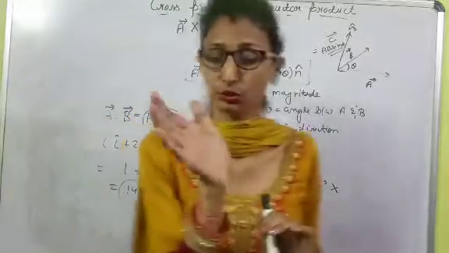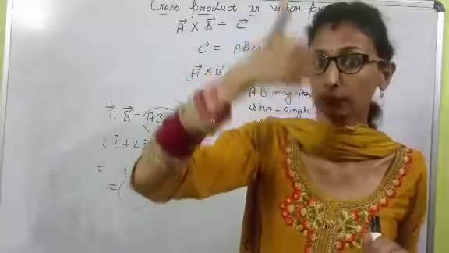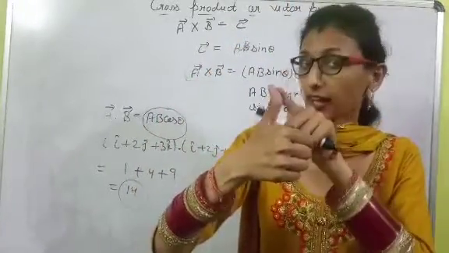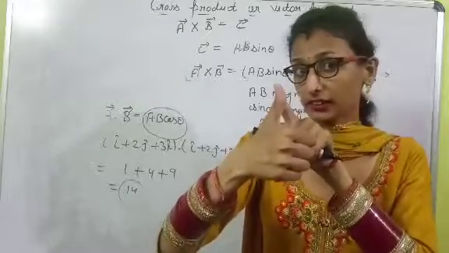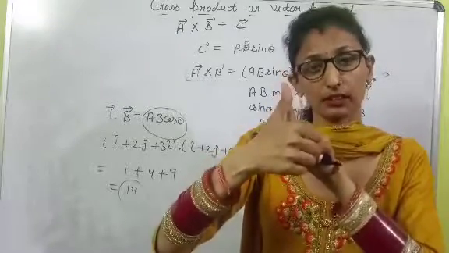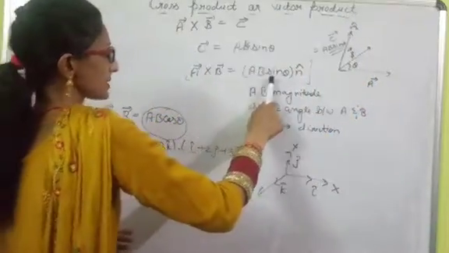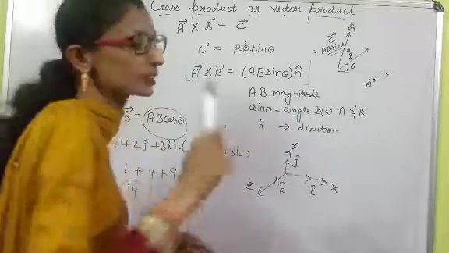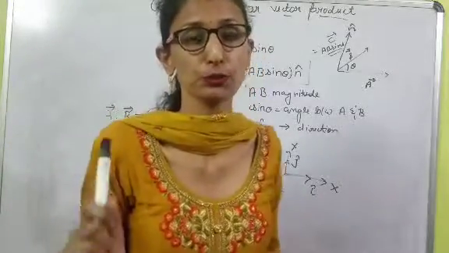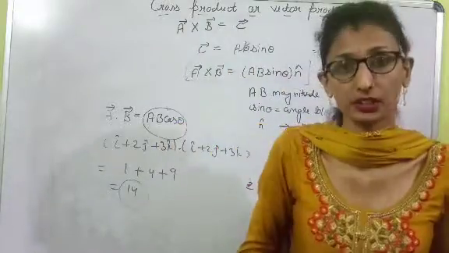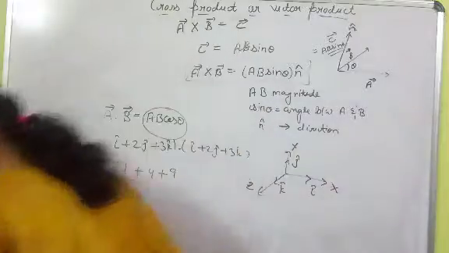So we have a direction as well as a magnitude, and the direction of this third vector is perpendicular to a and b. Therefore a cross b equals ab sin theta n cap. It means the third vector has a direction as well as a magnitude, and therefore the cross product of two vectors gives a vector quantity. Now, let us discuss some properties of the cross product.